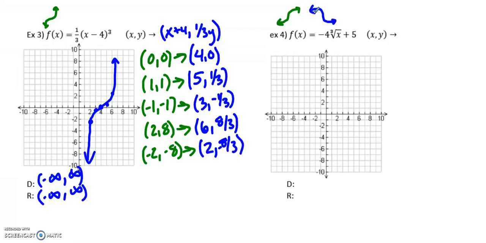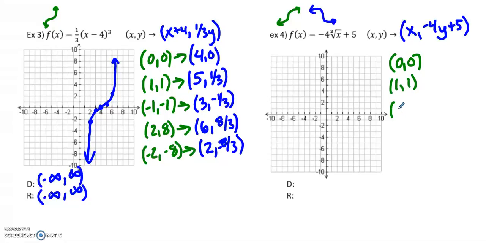Again, that's just a rough sketch so I can see what the graph should look like. My filter that I'm going to run everything through is just x, nothing's happened to the x values, and -4y + 5. Go back to the cube root parent function, and I can get (0, 0) as a point, (1, 1) as a point, and (-1, -1) as a point.